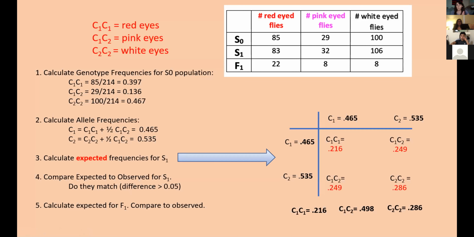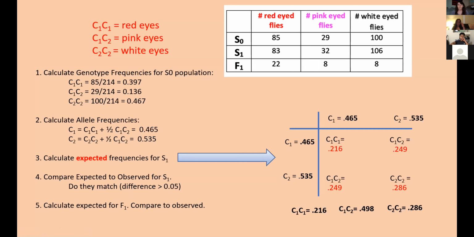So there are going to be a few steps to determining if this population is meeting the criteria necessary for Hardy-Weinberg equilibrium, or if it's diverging from what we'd expect under that equilibrium.